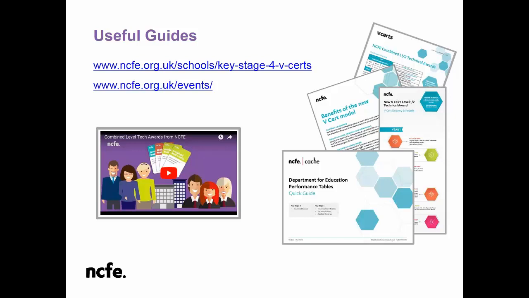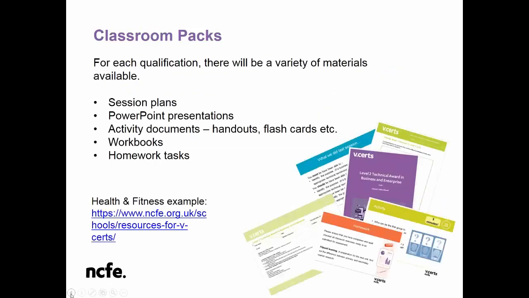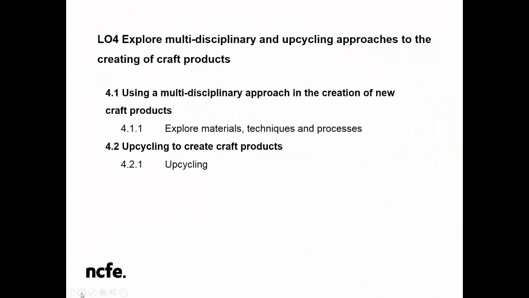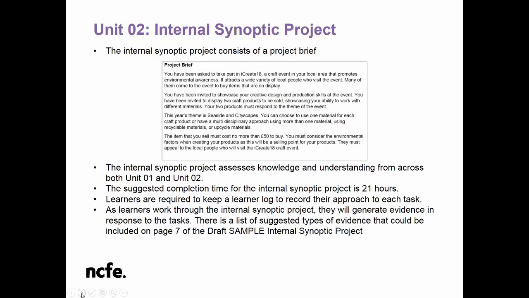Right, Louise wanted me just to go back to paragraph 3. We'll go back to the internal synoptic project brief. Right, so just to clarify, you have been invited to showcase your creative design and production skills at the event.